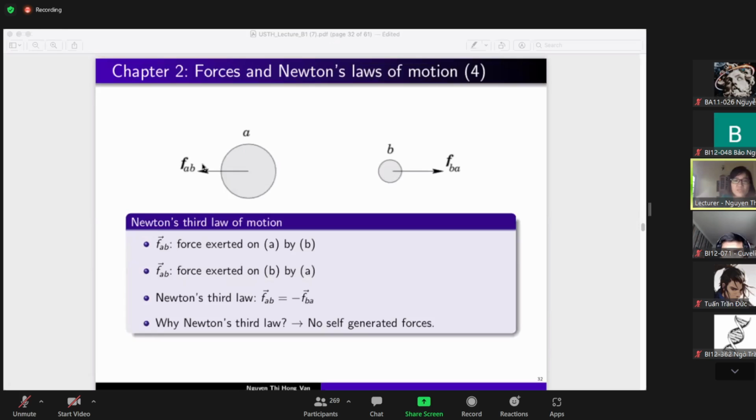So we go to the third law of Newton. The third law of Newton says that you have two objects, A and B. They collide.